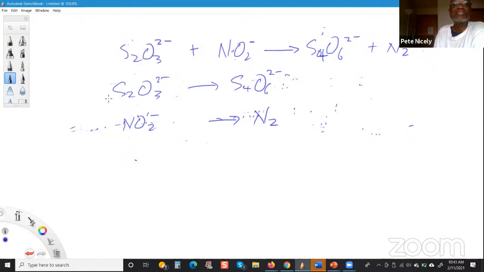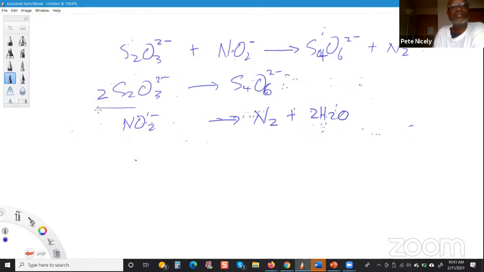And as somebody correctly said, we need to balance the oxygens by putting, in this case, 2 water molecules on the right. And we need to put a 2 here. Okay, so let's go from this point here onwards, right?